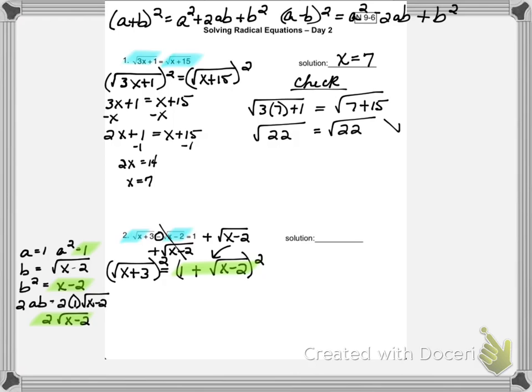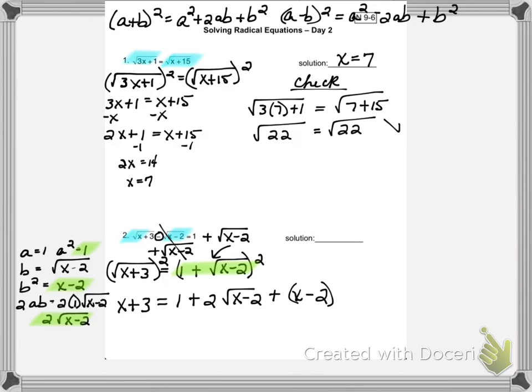So the square root of x plus 3 squared just gives me x plus 3. Now that's going to equal 1 plus 2 times the square root of x minus 2 plus x minus 2. That's your b squared right there.